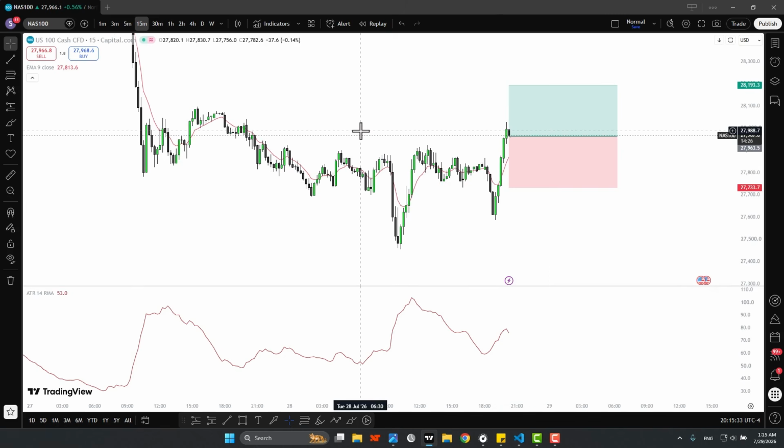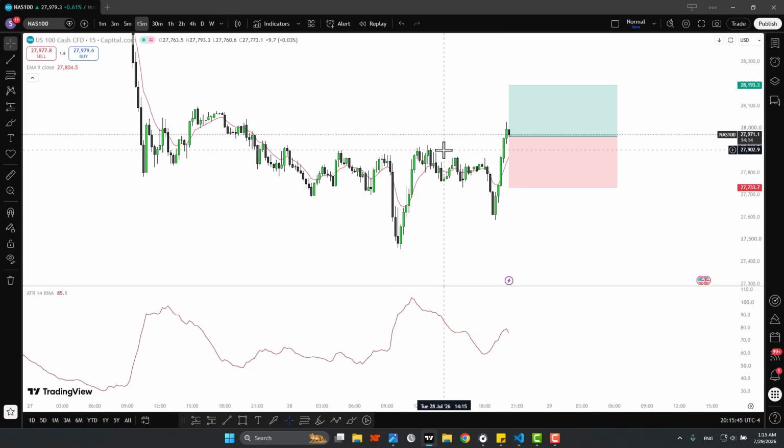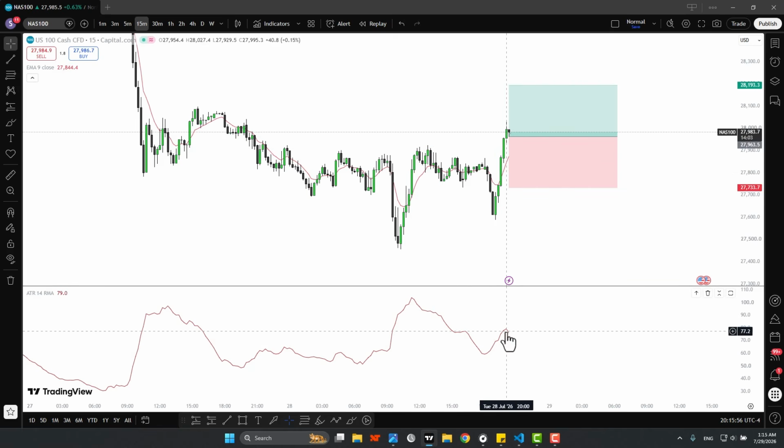I showed you what the ATR is. It's going to take the last 14 candles right here. We can change the value as well, but we're going to use 14. It's going to calculate their sizes, sum them, adding them all together, and then divide by 14, and it's going to give us this value right here.